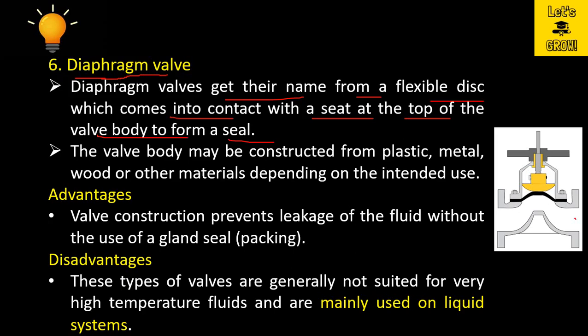Suppose the water flow takes place like this, correct? Currently there is no obstruction in the flow, and this valve is in fully open condition. So when you rotate this knob, slowly it will move in the downward direction, and this flexible disc will obstruct the flow.